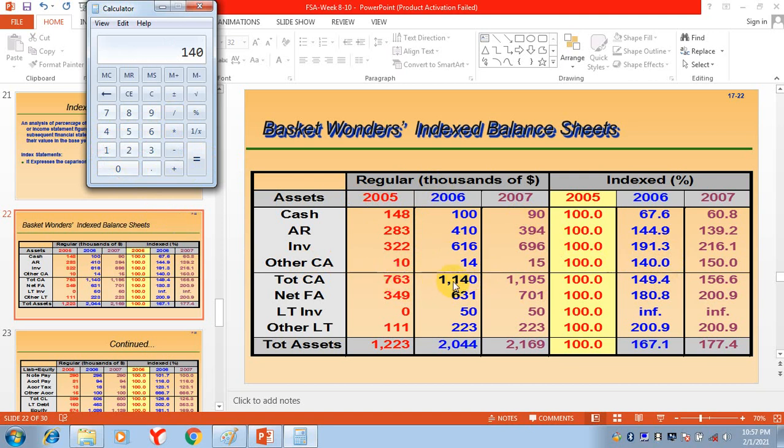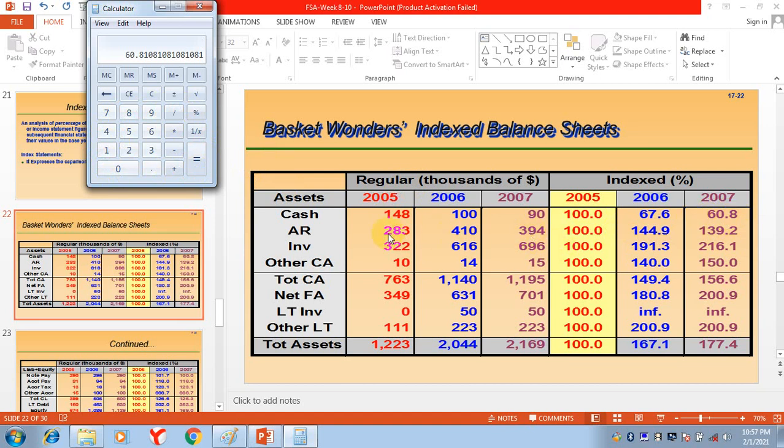Similarly for all these items, this divided by this, this divided by this. For 2007, again 90 divided by base year 148. Don't take 100. 90 divided by 148, because 2005 is the base year. 90 divided by 148 multiplied by 100. So we got 60.8. Look at this.